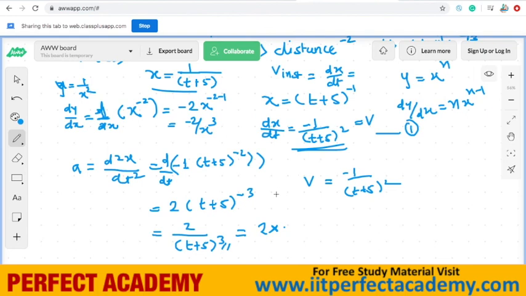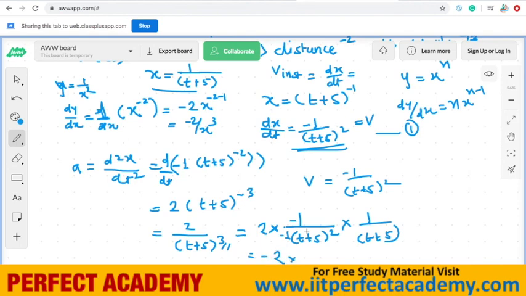So how will you arrange this? 2 into 1 by (t plus 5) the whole square multiplied by 1 by (t plus 5), right? Now I can multiply and divide by minus 1. That won't make any difference. So multiplied by minus 1 divided by minus 1. I'll just add a negative sign to it.